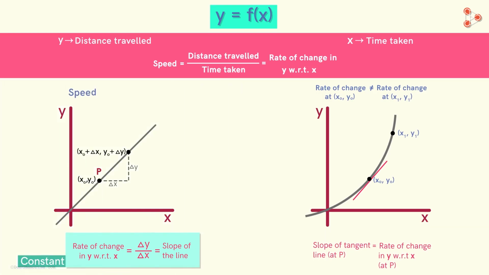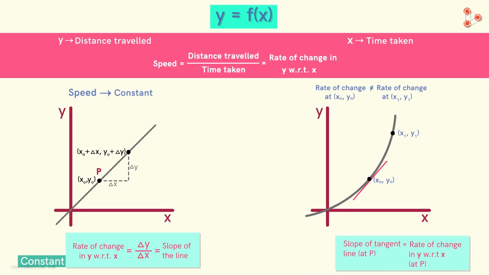So the speed of the object will be constant throughout its motion. While in the second case, the rate of change is not constant. So here, this rate will tell us the instantaneous speed of the object. For this reason, the rate of change for a function at a particular value of x, x0, is called the instantaneous rate of change at x0.